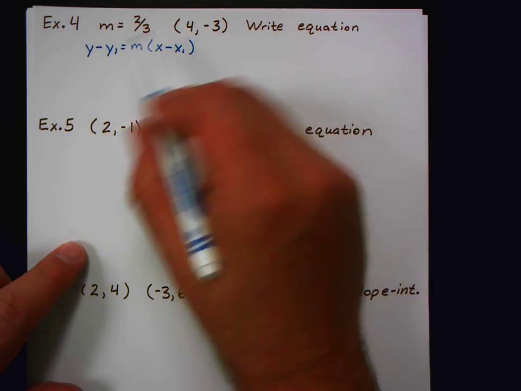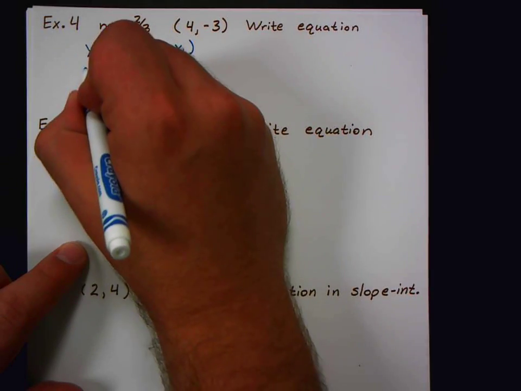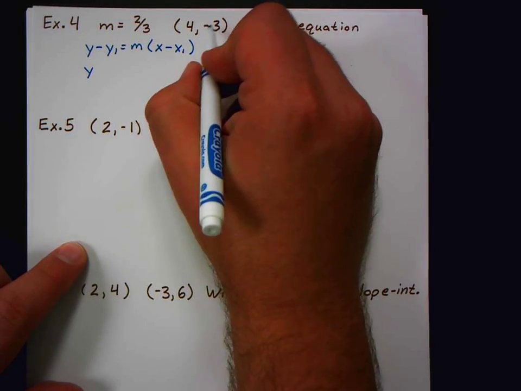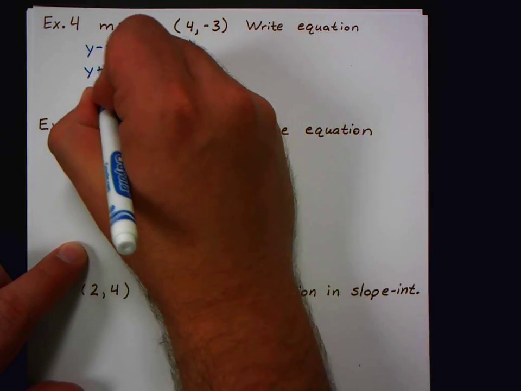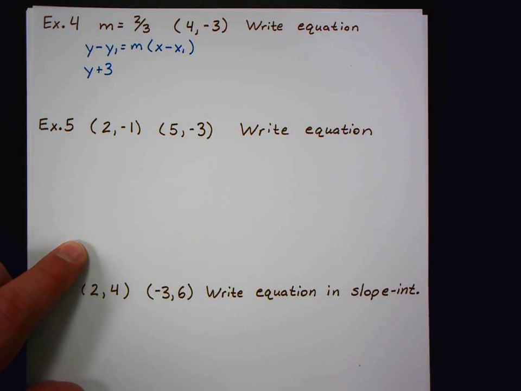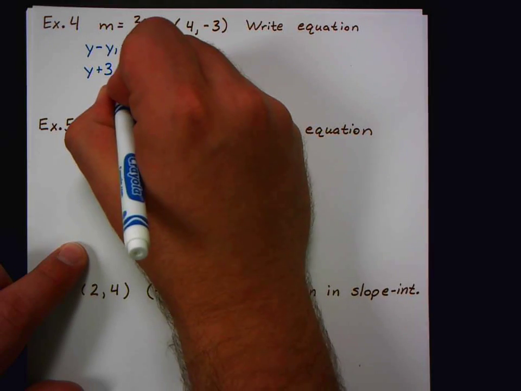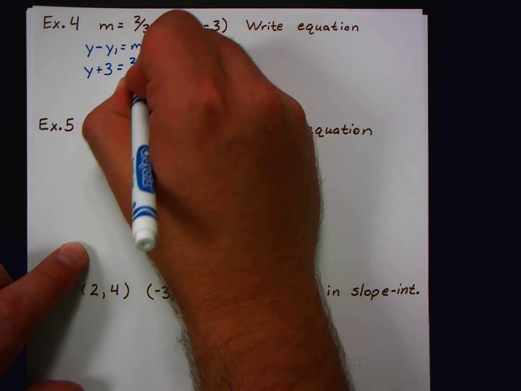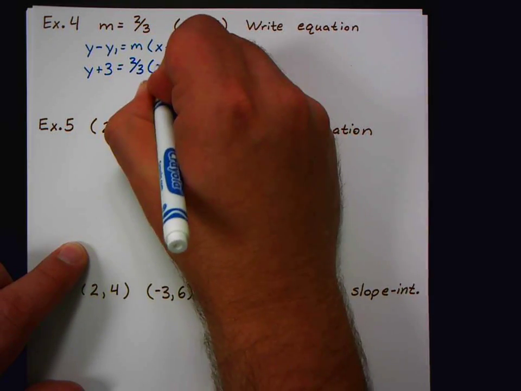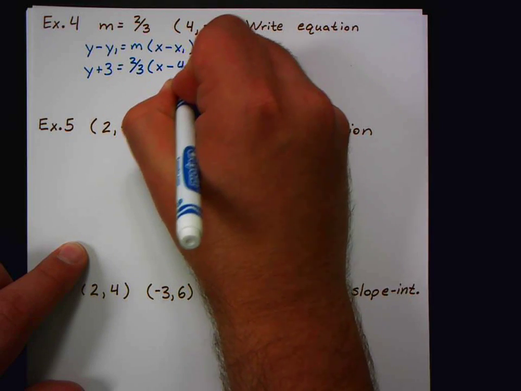Alright, so I go to plug these things in. So I have y minus, now if I do minus negative 3, that's going to end up being plus 3. Equals, I put my slope in there, then x minus 4.